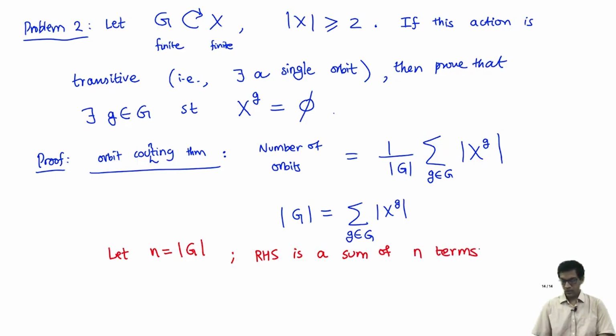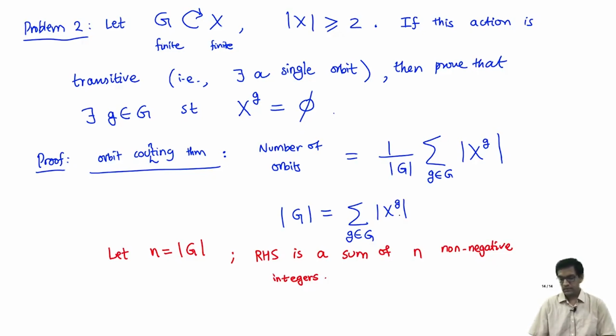Now, what do we know about these n terms? They are all non-negative numbers. It's a sum of n non-negative integers because each is the cardinality of a set of fixed points. So it's either 0, 1, 2, 3 and so on. Now, when I sum up n non-negative integers and I have to get n as my answer, what does it mean?